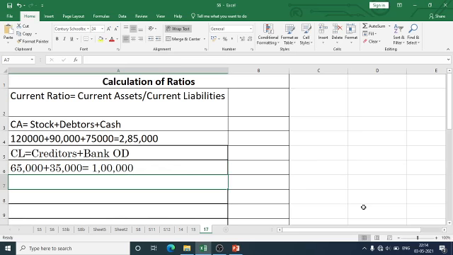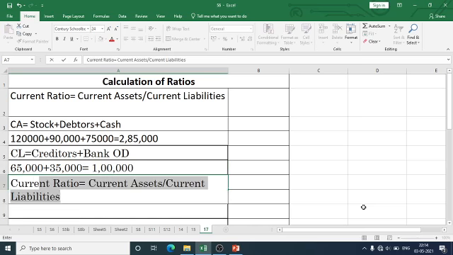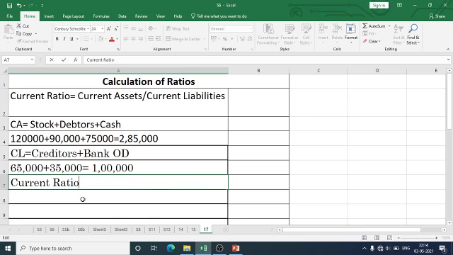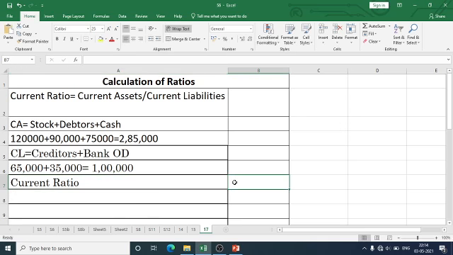Now the formula you can apply here. Current ratio is equal to current asset 2,85,000 upon 1 lakh.